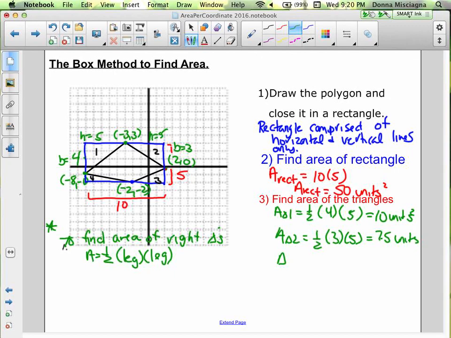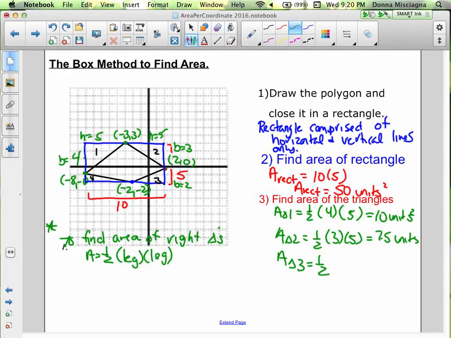Area of triangle 3. I already got the 1/2 in there. So triangle 3 there. Base is 2. Height 1, 2, let's see, 1, 2, looks like 4.